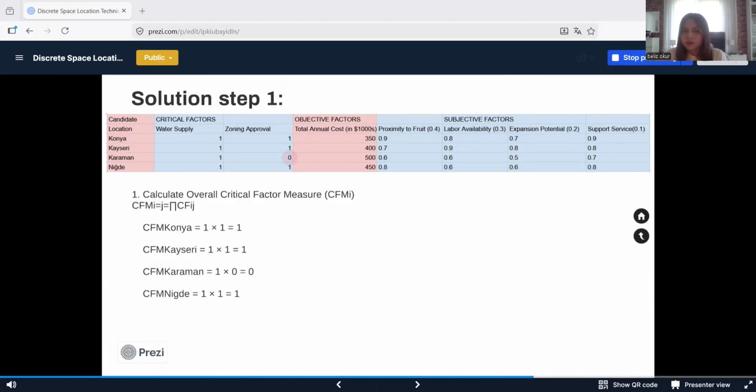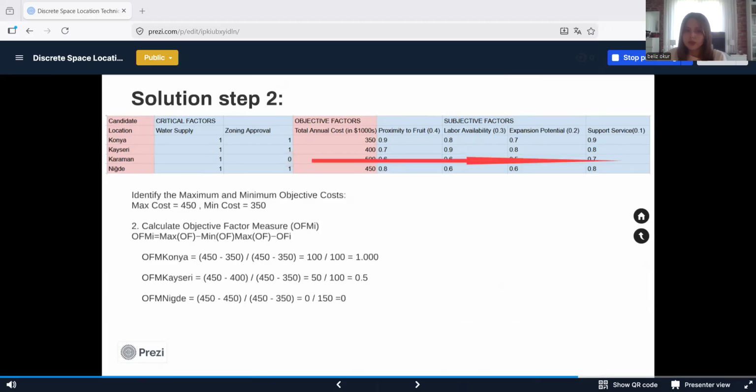Because of that single zero, Karaman's total critical score is 0. They're officially out of the running. We don't even need to look at their cost anymore. Konya, Kayseri, and Niğde pass with a score of 1. Now let's move on to step 2.